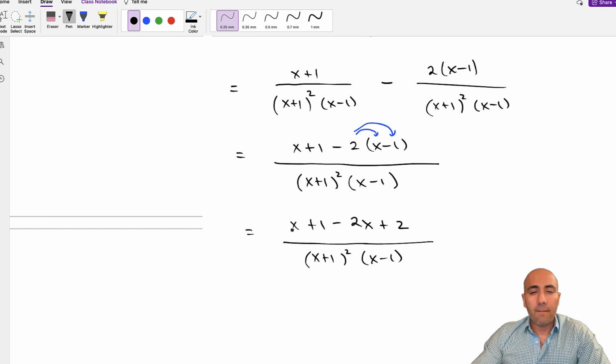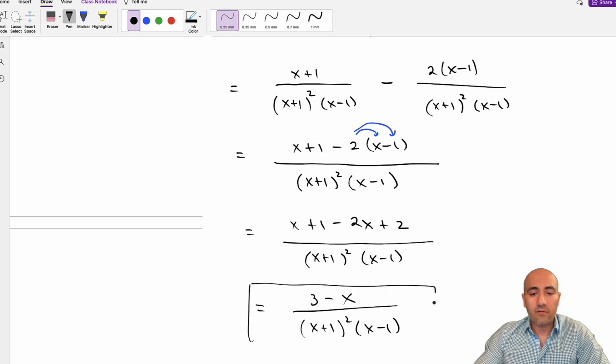Okay, so we end up with a minus x and a plus 3. So 3 minus x, all over x plus 1 squared, x minus 1. And again, nothing really reduces. There's no way to cancel one of those, so that's good enough.